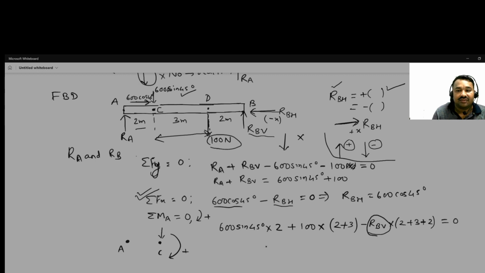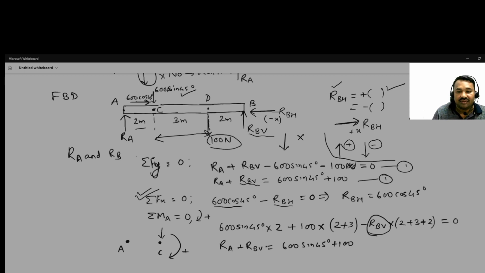Okay, so if you see this, suppose this is the first equation, okay, so here we got the value of RBV. So from here, RA plus RBV is equal to 600 sine 45 degree plus 100.